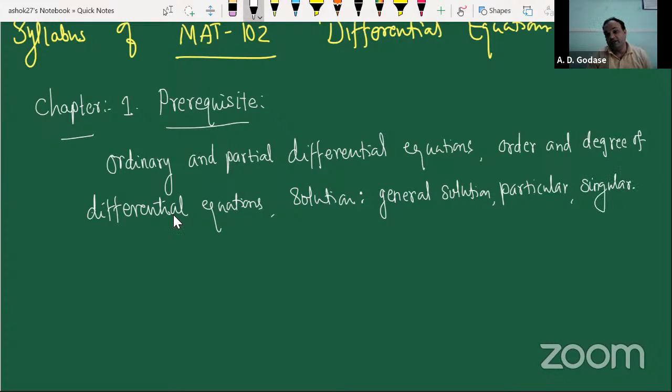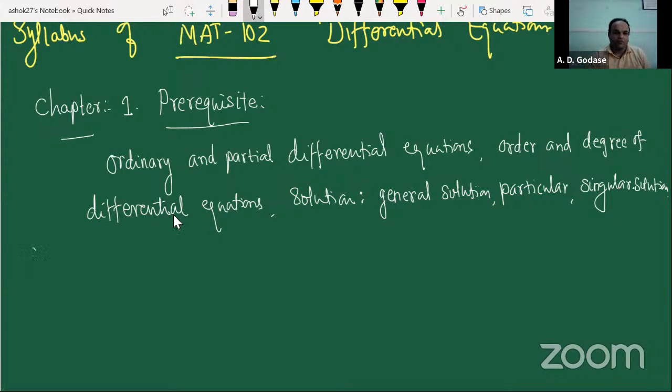So these are 3 types of solution. So in the first chapter, you will see ordinary and partial differential equations, order and degree of differential equations, and solutions: general, particular and singular. This is chapter first.